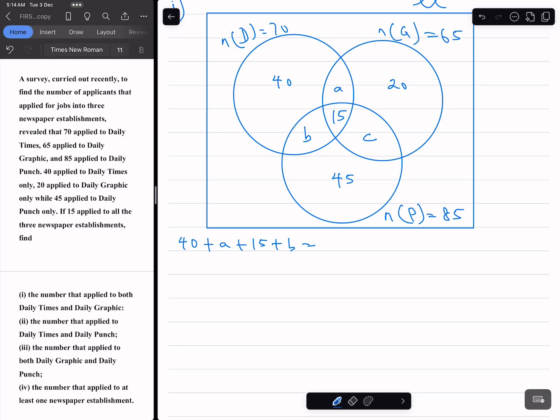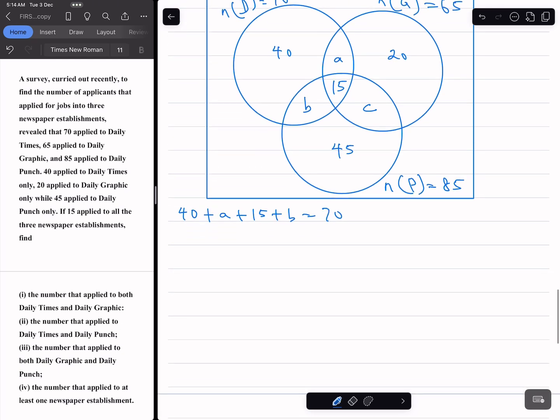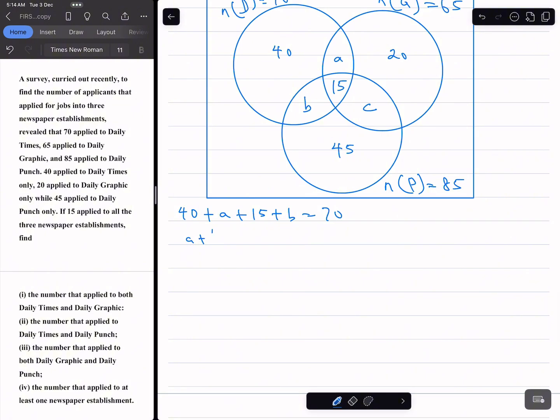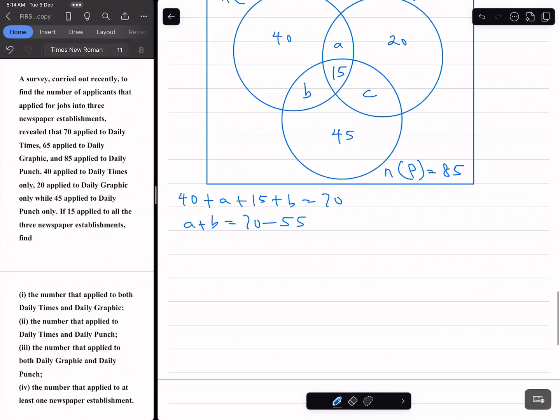So that means 40 plus A plus 15 plus B is equal to 70. And that simply means A plus B is equal to, 40 plus 15 is 55. When you take it to the other side, it becomes 70 minus 55. A plus B equals 70 minus 55. And that means A plus B is equal to 15. Let's call that equation 1.